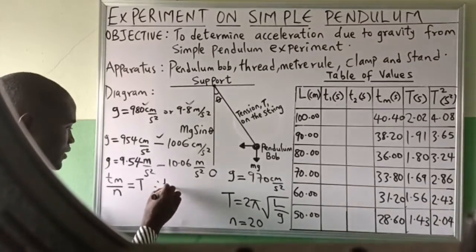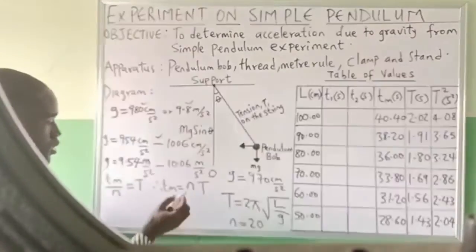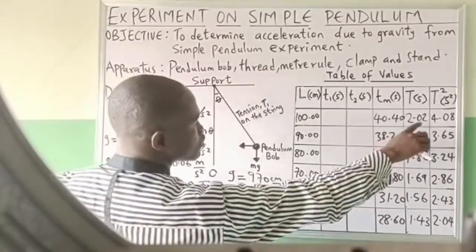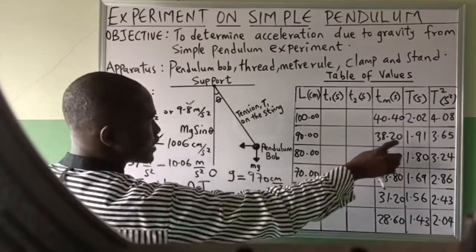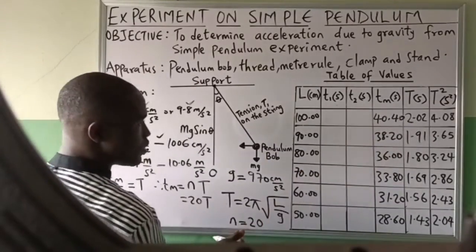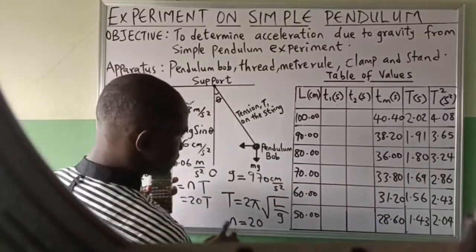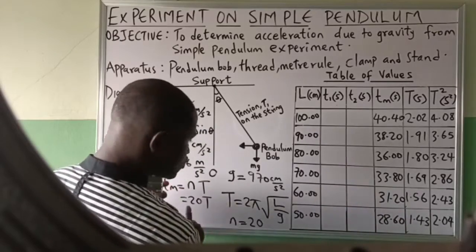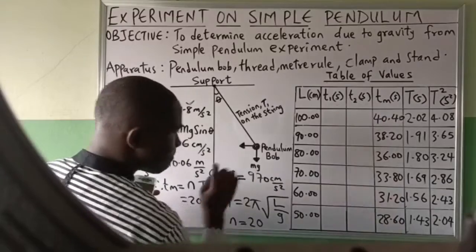Therefore, mean time will be equal to number of oscillation times the period, 20 times each of the value of T. So 20 times 2.02 will give you 40.40. 20 times 1.91 will give you 38.2. 20 times 1.8 will give you 36, 33.8, 31.2. So when the 20 is multiplied to each and every one of these values, you will get here.